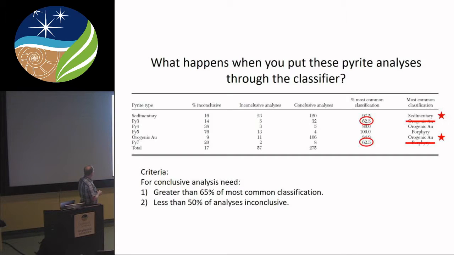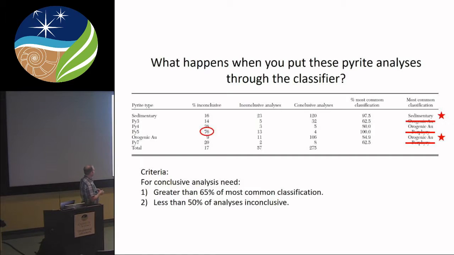Pyrite 3 and pyrite 7 only had relatively low most common classifications, so those were deemed inconclusive. And pyrite 5 had a large number of analyses that didn't meet the threshold of 40% pick by the random forest to be a conclusive analysis.